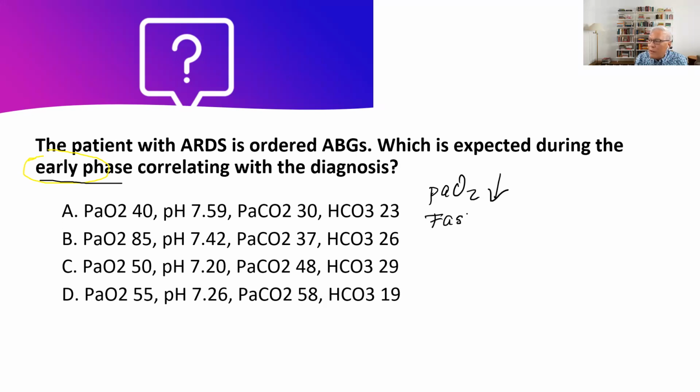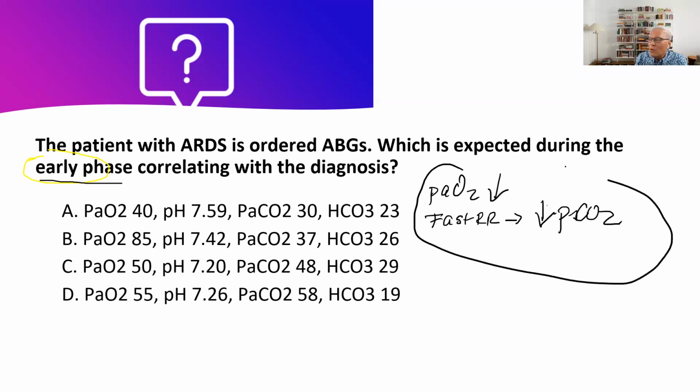So when you have a fast respiratory rate, because that's what is in the early stages of ARDS, what's going to happen to your PCO2, or your partial pressure of carbon dioxide? You're going to have a decrease in your PCO2, correct? All right, so this is what you need to remember in order to answer this question.